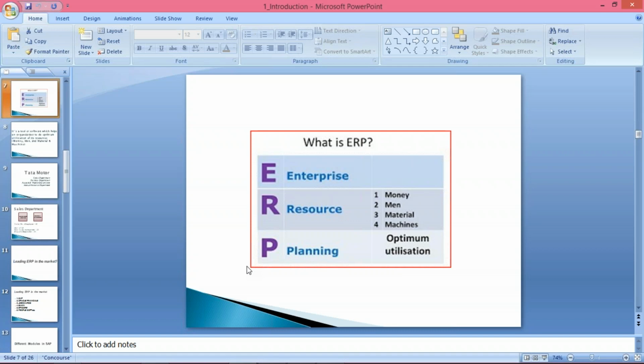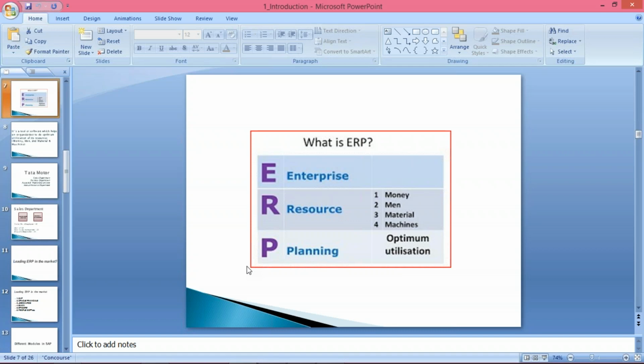Enterprise means whichever organizations are there. Second is resources. So what are the resources in any organization? In every organization, man, money, material and machines are the resources of an organization.